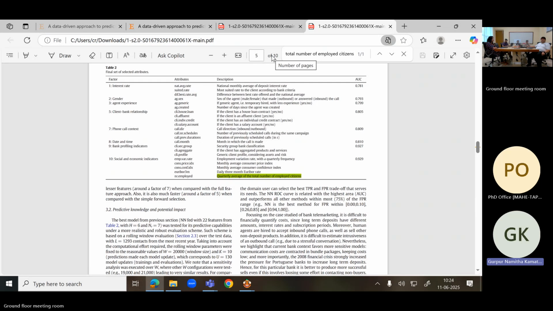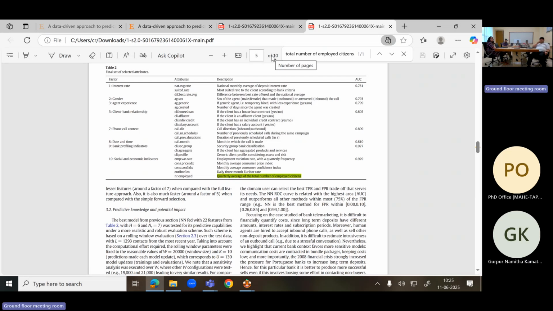If the client base is more employed, then they can make investments in the bank. That is why, if you look at the other variables, it is saying loan contracts, whether they have a salary account, how many calls the people are taking up, and the duration of the calls. So how many clients are employed is important for the bank. That's what I felt.